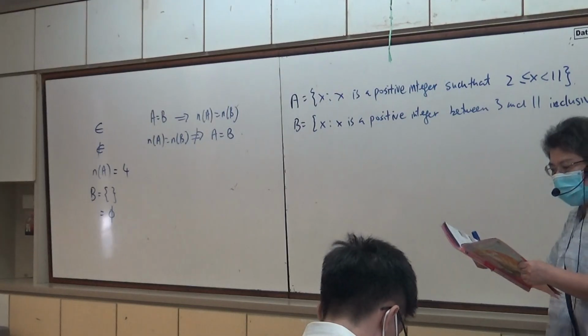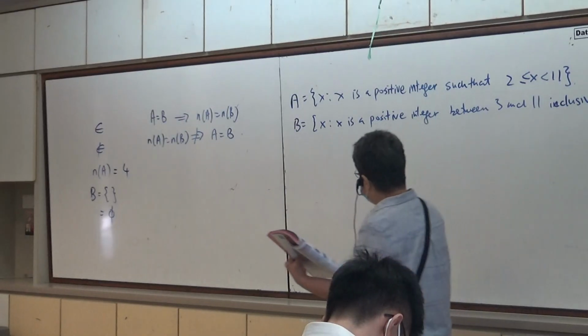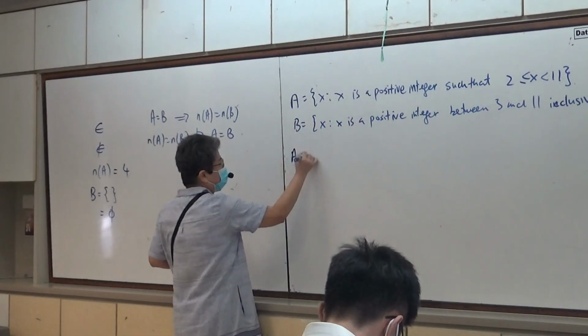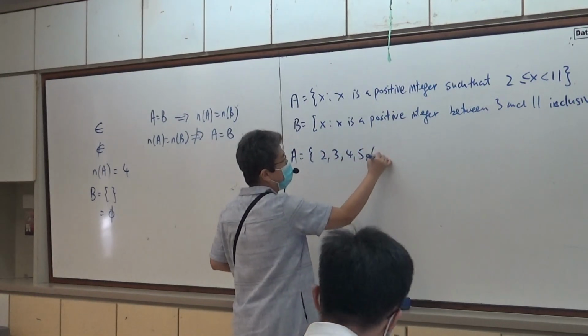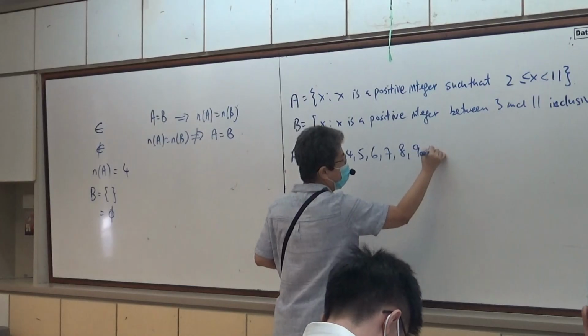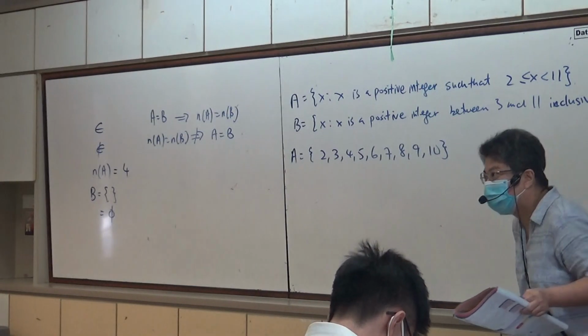Part 1. List all the elements in A and B in set notation. They say list. So, A will be 2, 3, 4, 5, 6, 7, 8, 9, and 10, right? Alright. Now, how about B?